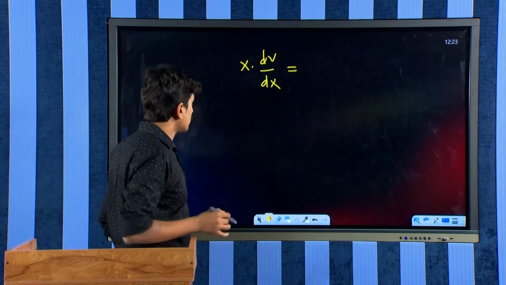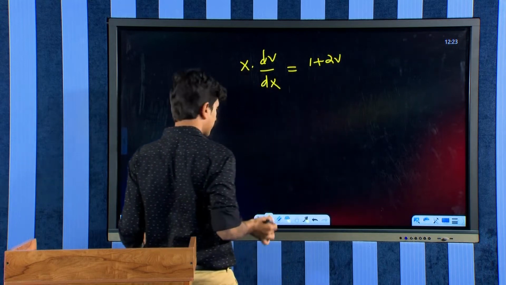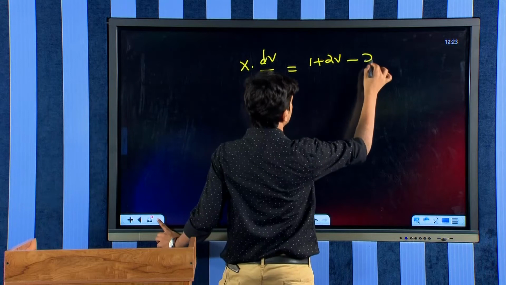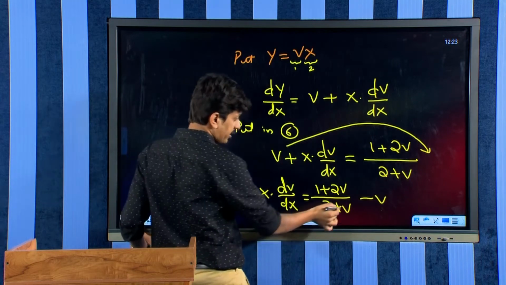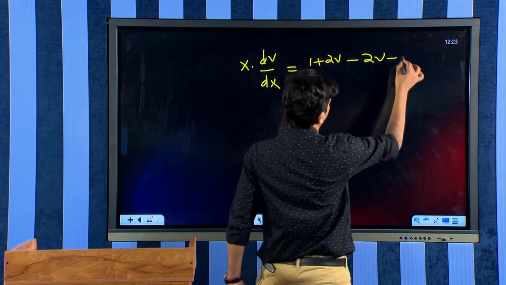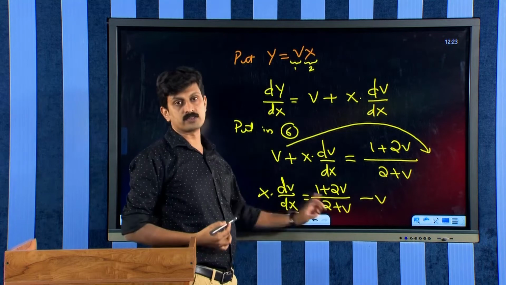Okay. So, 1 plus 2v, 2 into minus v, that is equal to minus 2v, okay, v into minus v square. Therefore, this is equal to minus v square divided by 2 plus v is there.